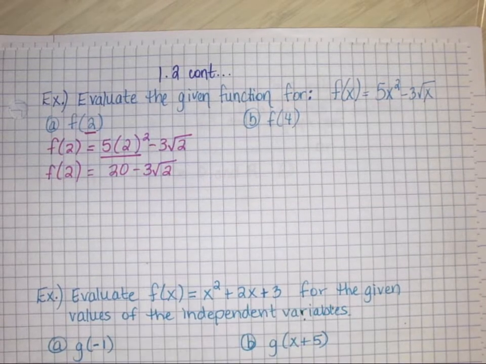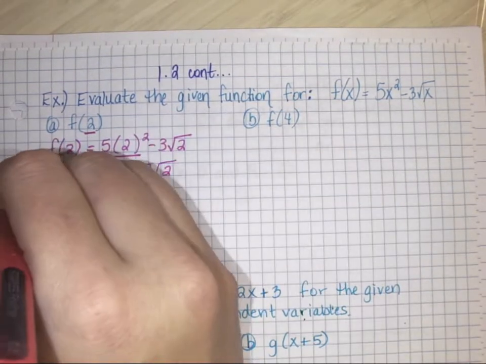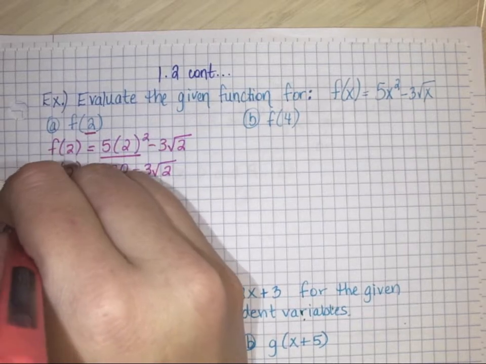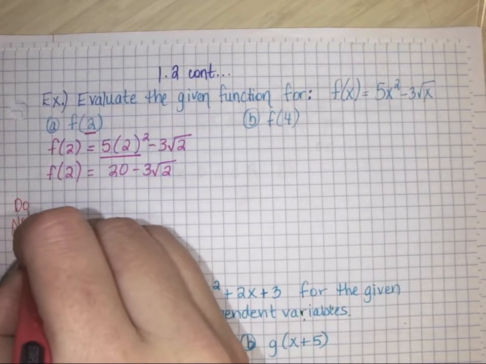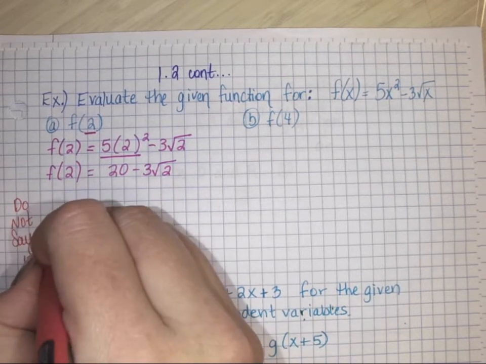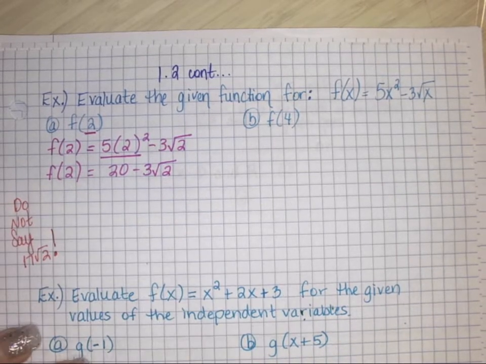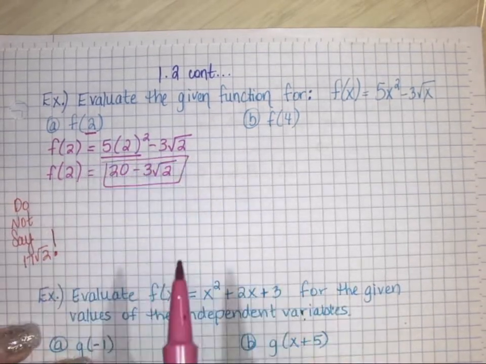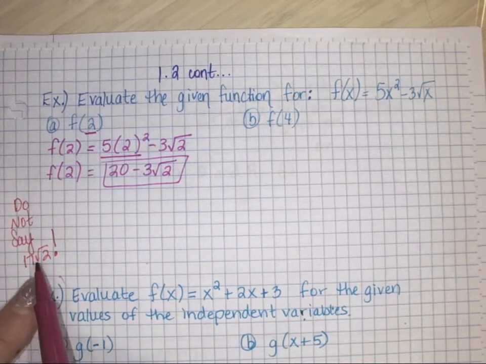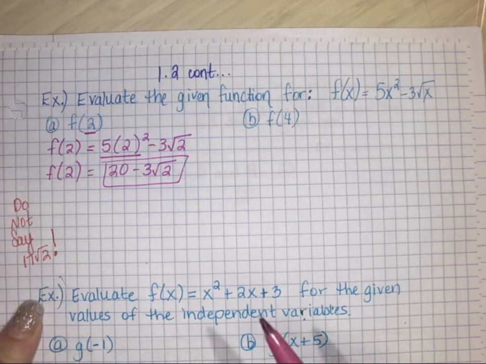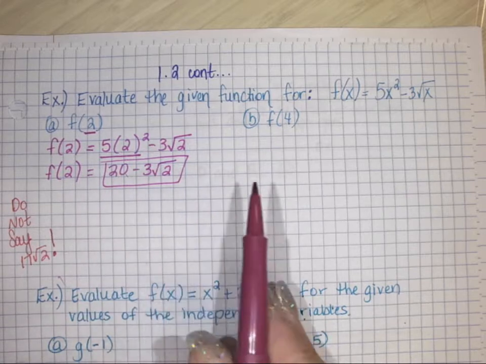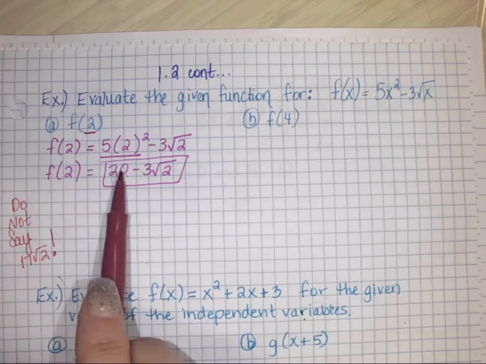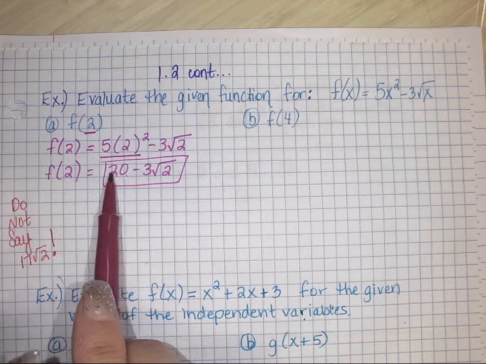Please do not say that that is 17 root 2. This is your final answer. The only time you can combine radicals into that is if 20 had a root 2 on it as well. So 20 does not have a root 2 tacked onto it.